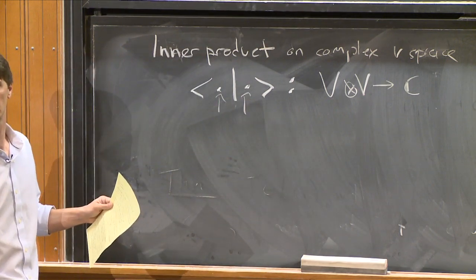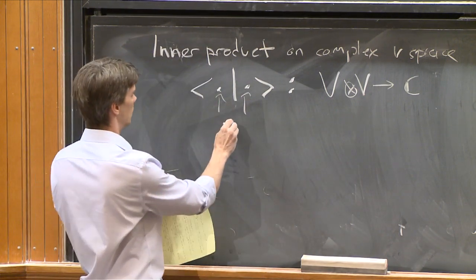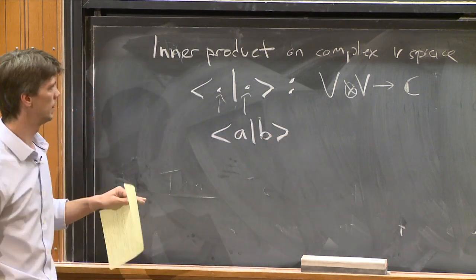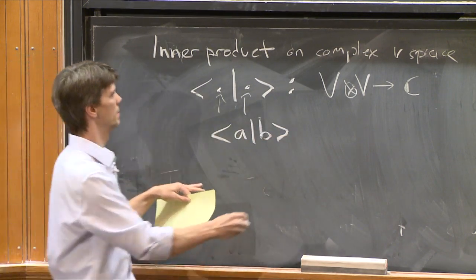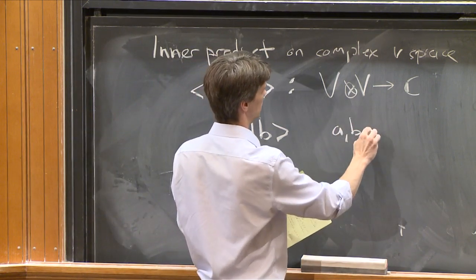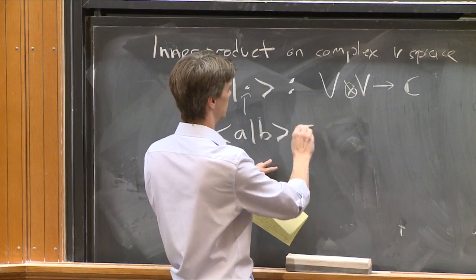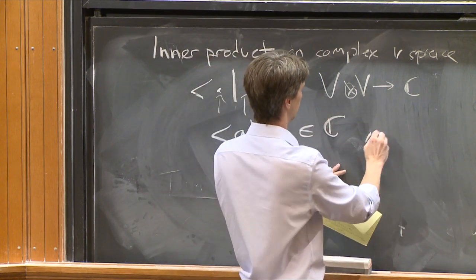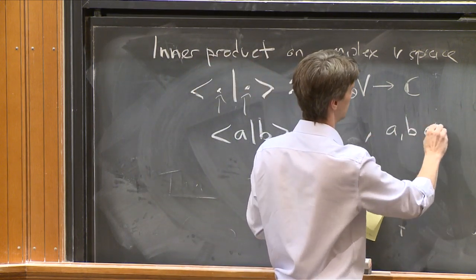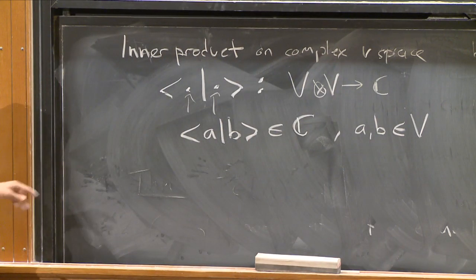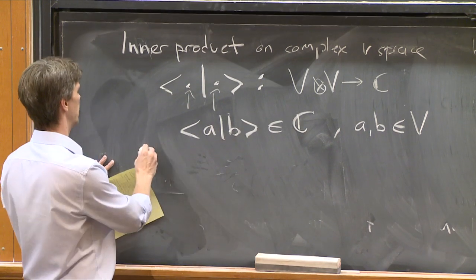So really the inner product of A and B is what I mean by this, where A and B are in V, and this thing is in C. These dots are just where I'm going to plug in my vectors. And so this inner product should satisfy some axioms.